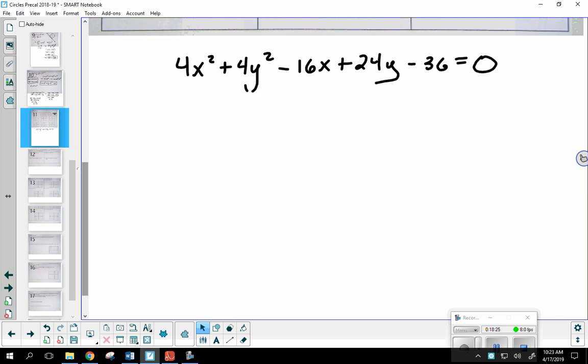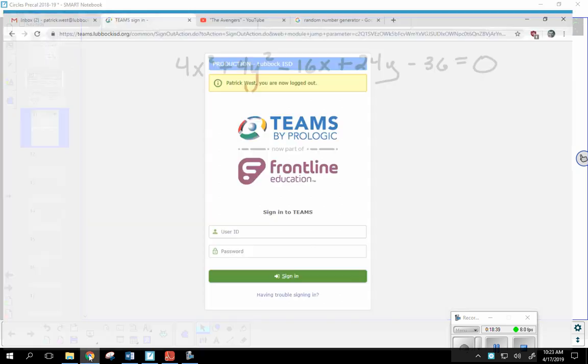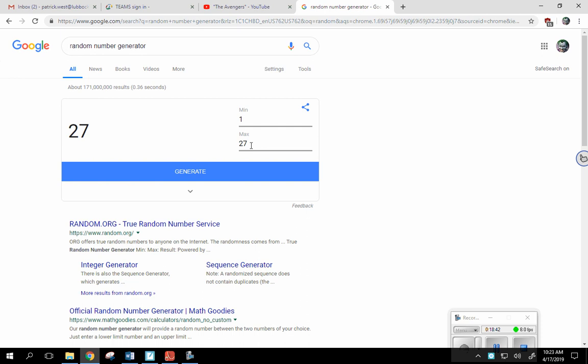Okay, so who wants to come on up and rewrite this equation for me? So many hands. How am I going to choose? Okay. Let's see here. So this class actually goes up to 33. All right, so no volunteers?